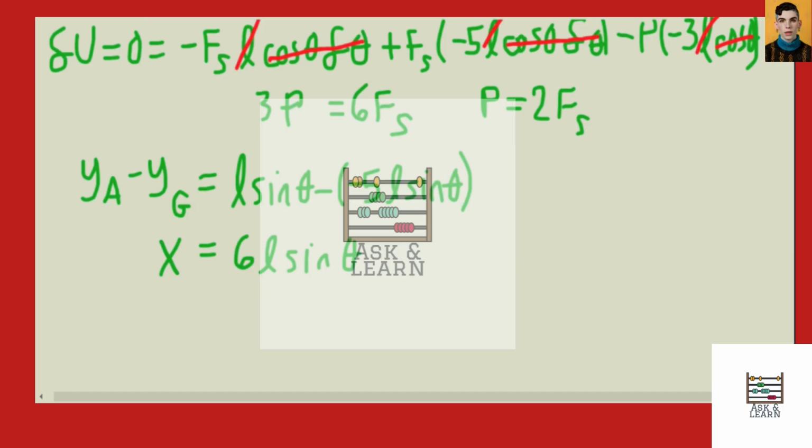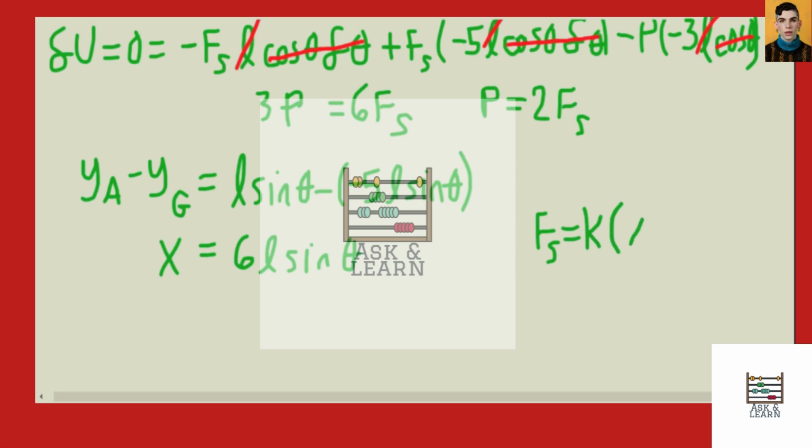So this is X, actually. So the spring force is k times x. Wait a minute. No, it's not k times x. The spring force is k times delta x.